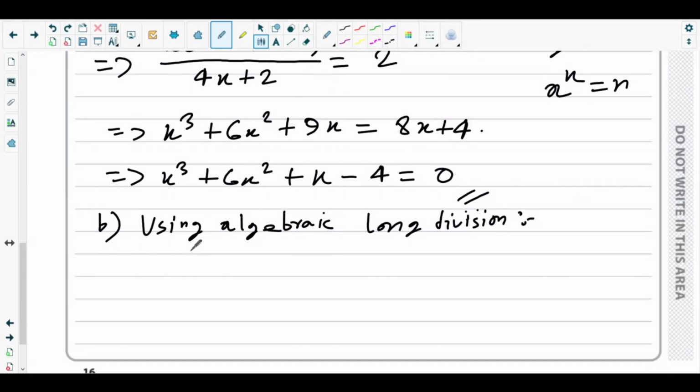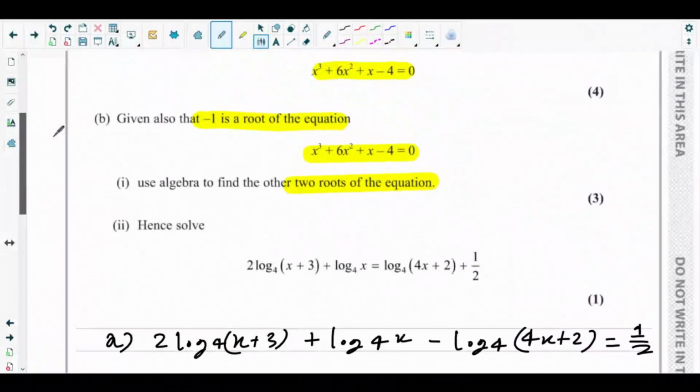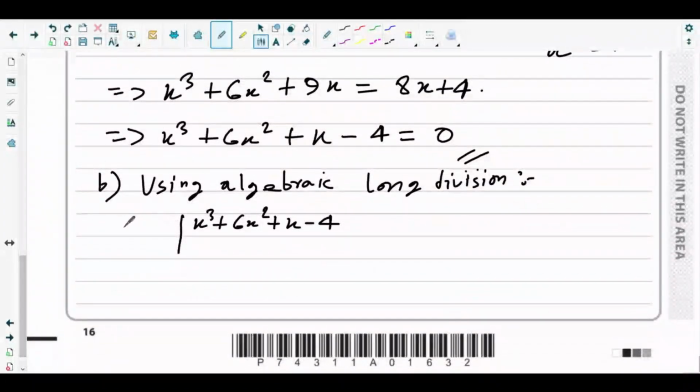So if you divide x cubed plus 6x squared plus x minus 4 by one of its factors, x plus 1. Since -1 is a root, so x plus 1 is a factor of this cubic equation. Okay, so what do we need to multiply here? x squared. So you will get x cubed plus x squared.